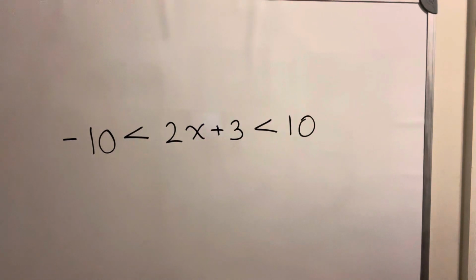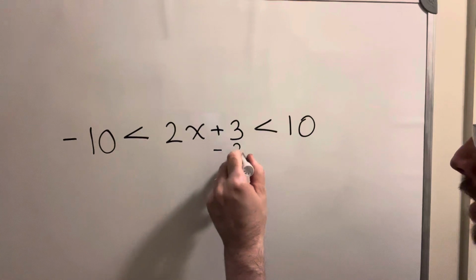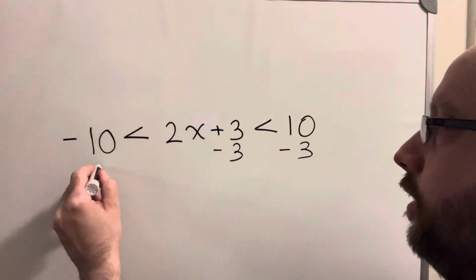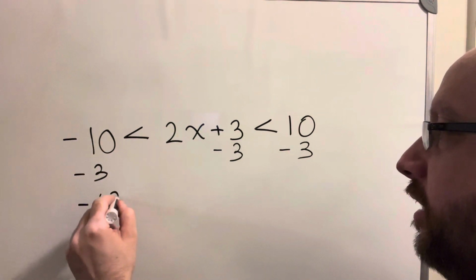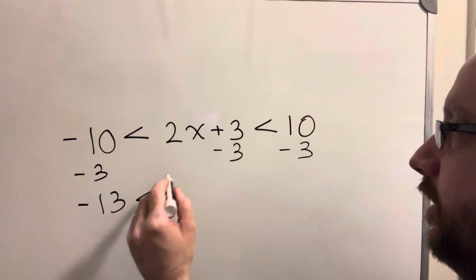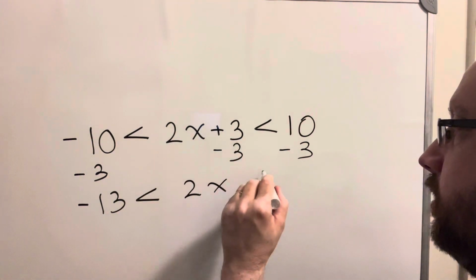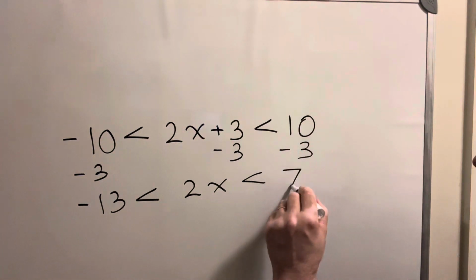And now to get the x by itself, we can add and subtract through. We can get rid of this 3 by subtracting 3 from all parts. Negative 10 minus 3 is negative 13, is less than 2x, is less than 10 minus 3 is 7.